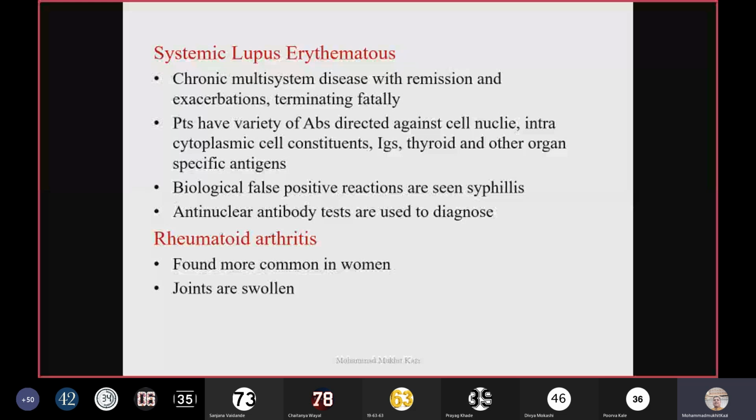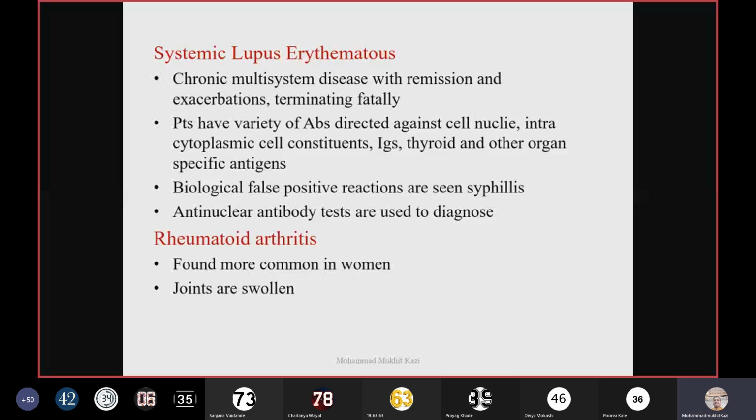Patients have a variety of antibodies directed against cell nuclei, intracytoplasmic cell constituents, immunoglobulins, thyroid, and other organ-specific antigens. That is why it is a multi-organ system disease. So you find antibodies against the cell nuclei, against the cytoplasmic cell constituents, or against the thyroid and other organs also.